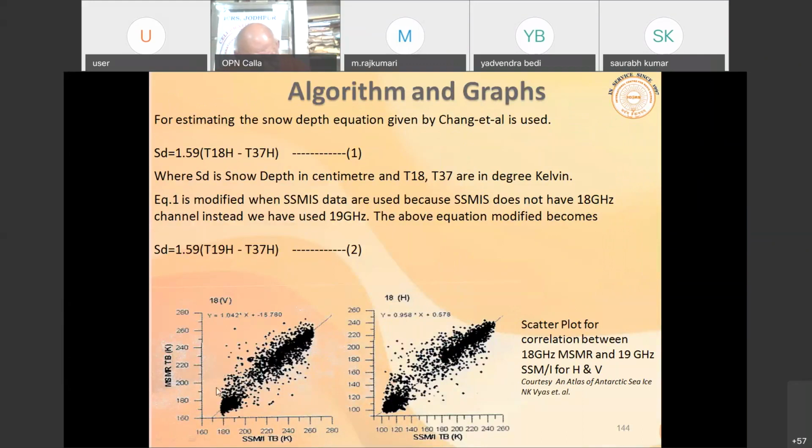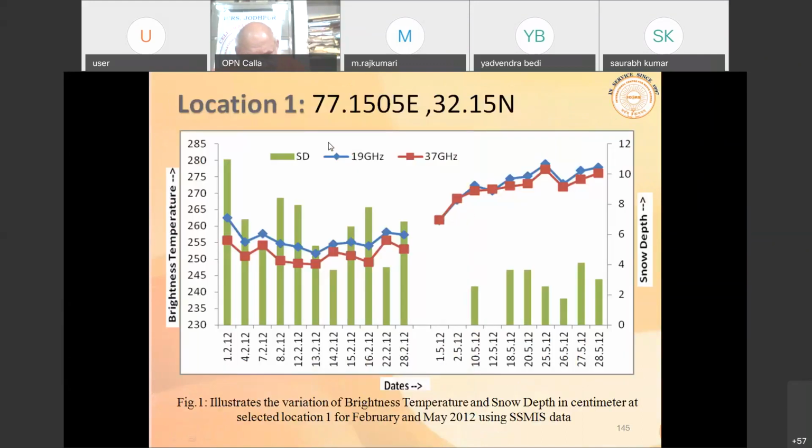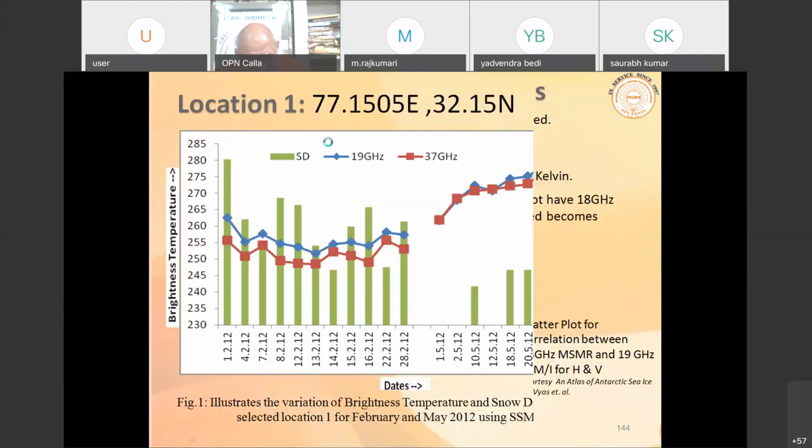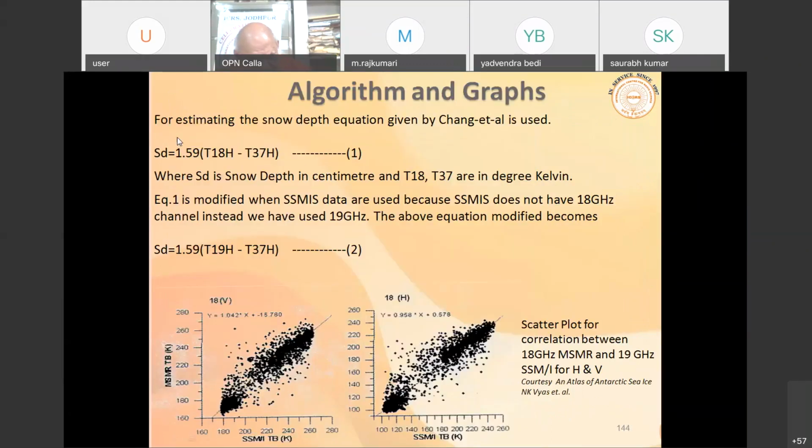This is how it looks. Just want to tell you the 18 gigahertz, this is the microwave temperature, this is again microwave temperature, continental condition.